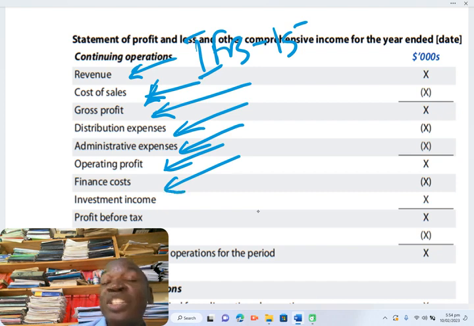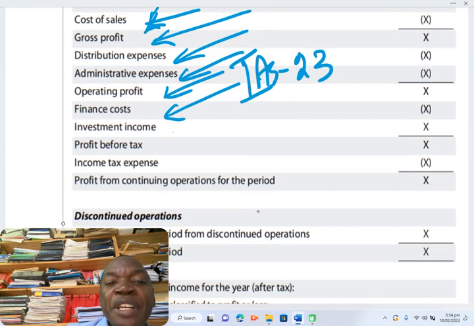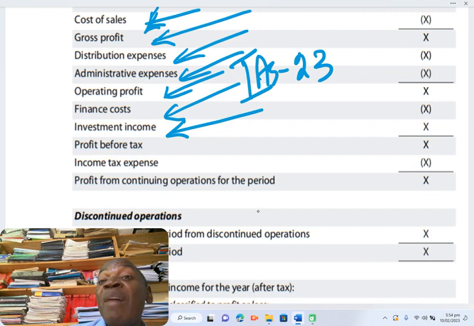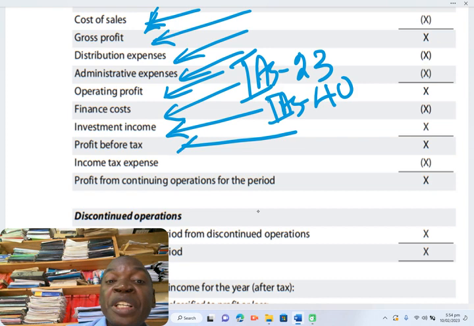Finance cost, this is borrowing, IAS 23. Investment income, it is income from investment. It can be rent, therefore this one can be associated with IAS 40. Or investment income can arise from IFRS 9, financial instruments.